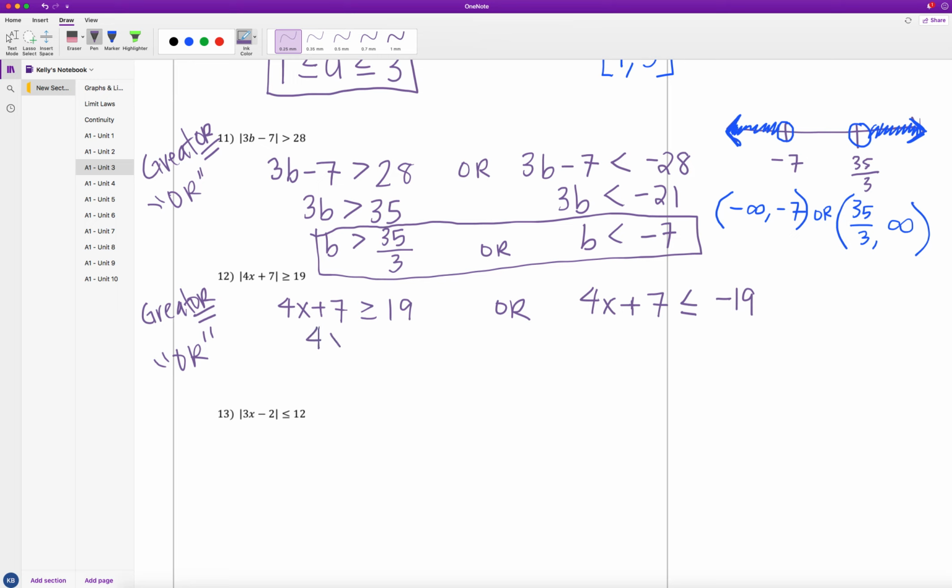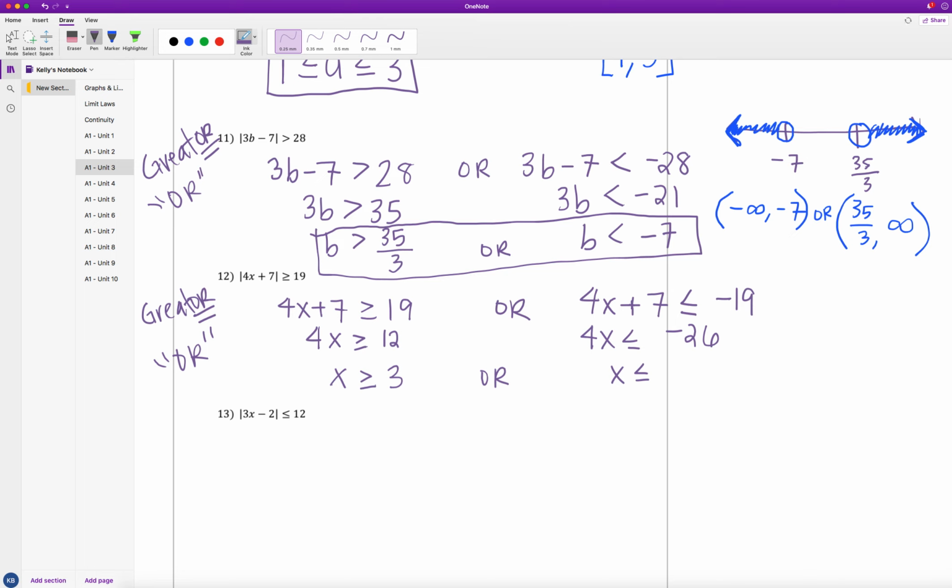We can now go ahead and solve each of those inequalities. So for our first one, we get 4x is greater than or equal to 12, divide through by 4, and we get x is greater than or equal to 3. Or in our second one, when we subtract 7, we get 4x is less than or equal to -26.